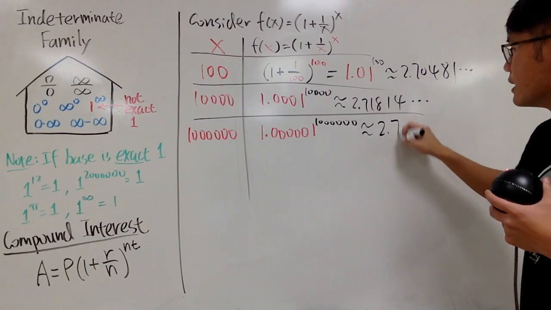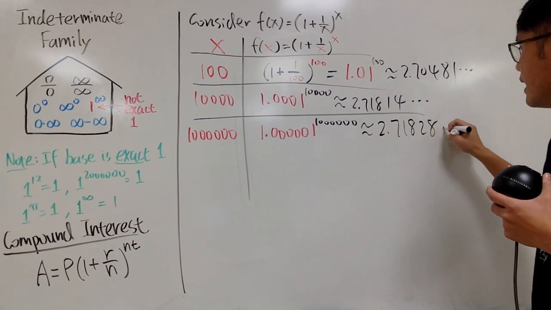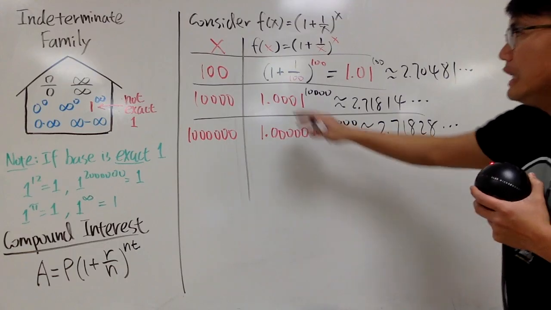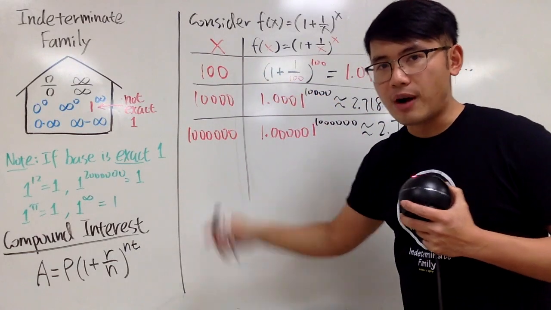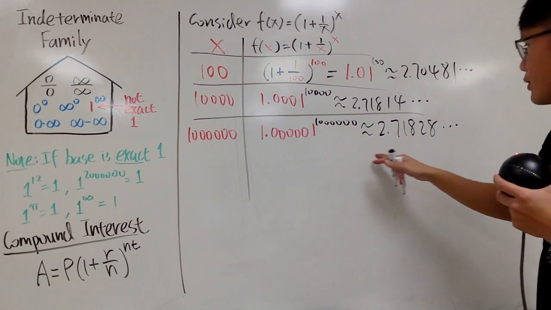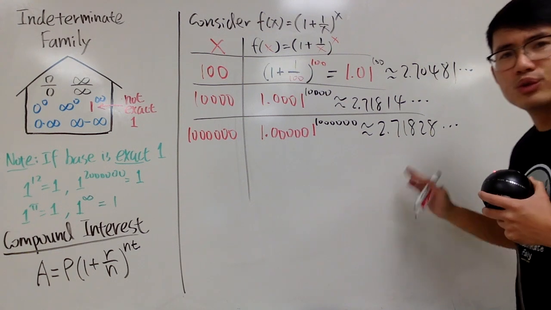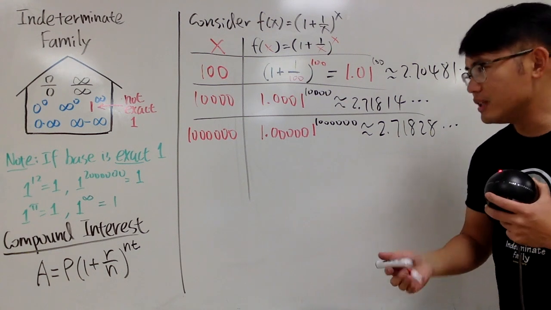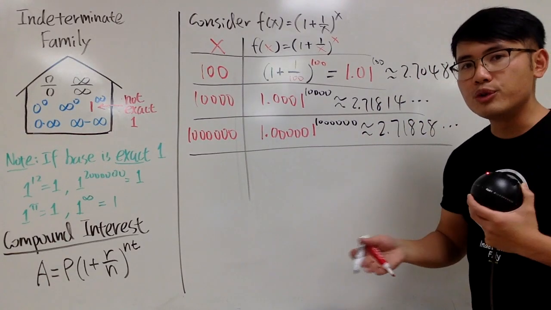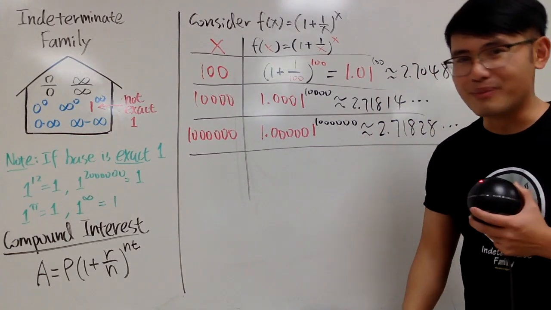You get 2.71828, and so on. And you can start to imagine that if you keep increasing the x value, the values right here are going to be about 2.71828, and so on. I'm going to leave that to you guys, but you guys can see these values are approaching a really special number.